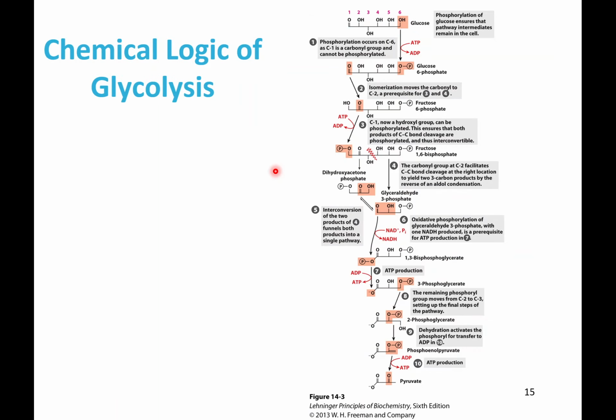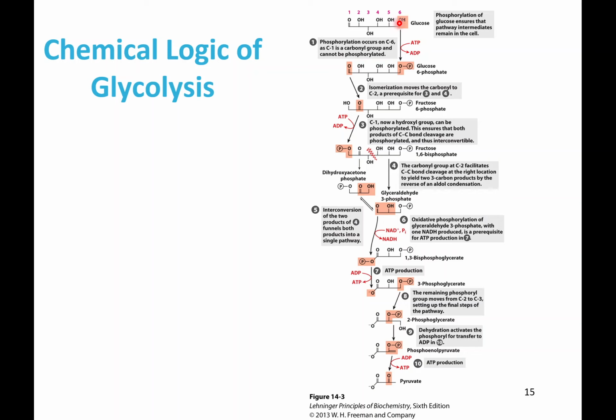Here's yet another figure for glycolysis. This one I won't go through a lot, but this is what the book describes as the chemical logic of glycolysis. And this one is helpful because it shows you the numbers of carbons.